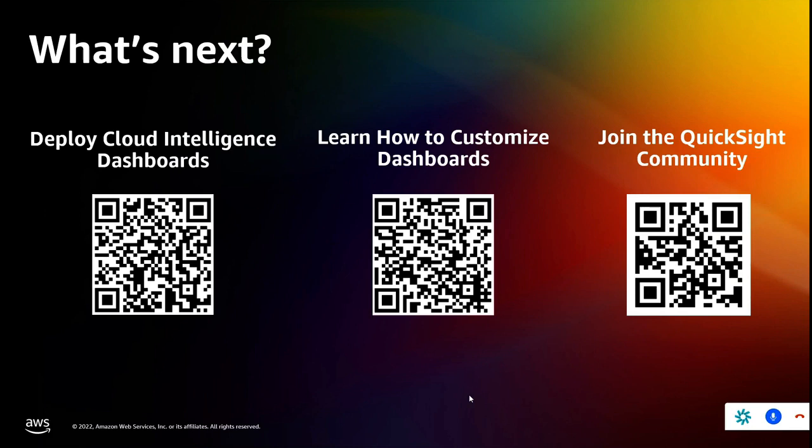We've got another link there to see how you can customize the dashboards. And then we have a Quicksite community. The Quicksite community will share with you the Demo Central site, all our new releases for any feature update for Quicksite, and training to get you up to speed on Quicksite. You can share that with your different colleagues in the organization. So the community is a very important part, and any question you have around Quicksite or your cost intelligence report, you can ask the community.